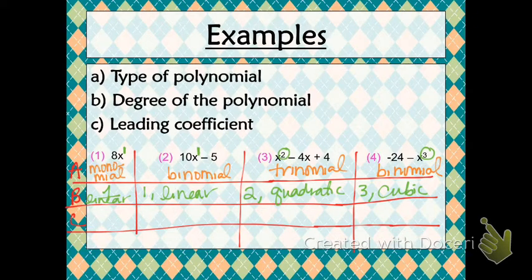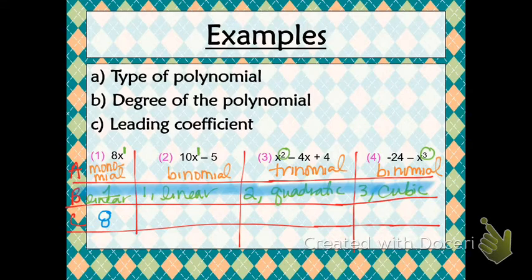Alright, and then letter C is finding the leading coefficient. Remember, to find the leading coefficient, you have to go back to the term that you used to find the degree of the polynomial, and then you're looking for the coefficient of that particular term. So for 8x to the first, the number in front of the x to the first is the 8, so that's 8.